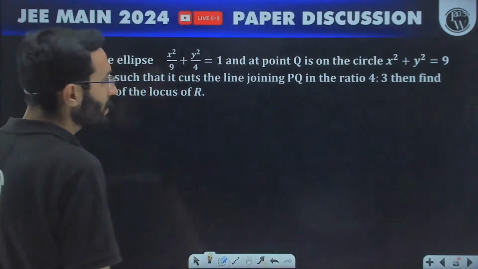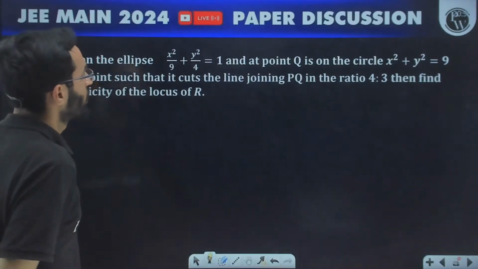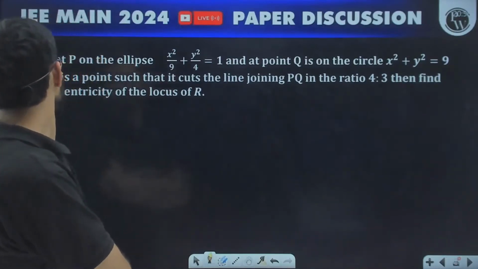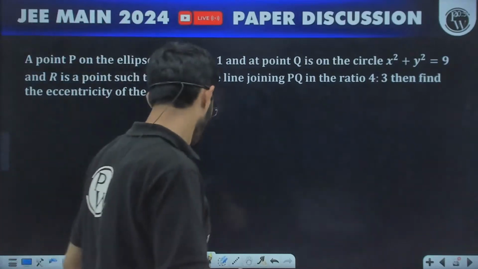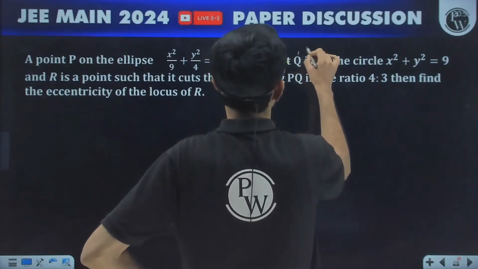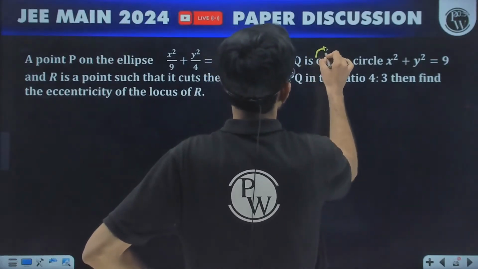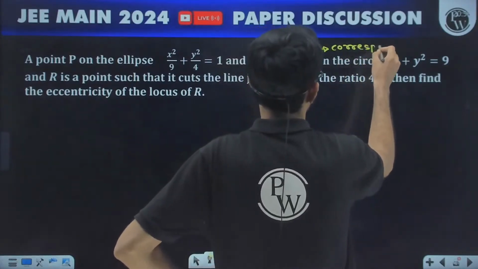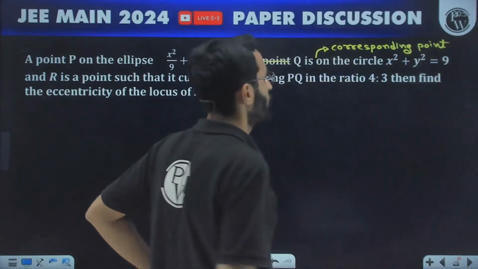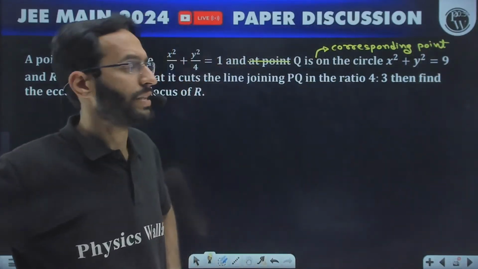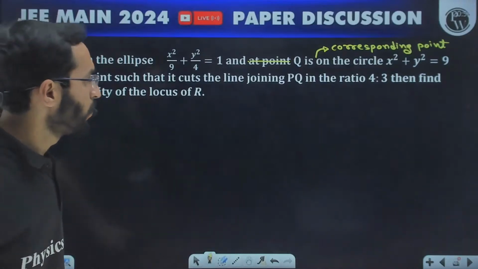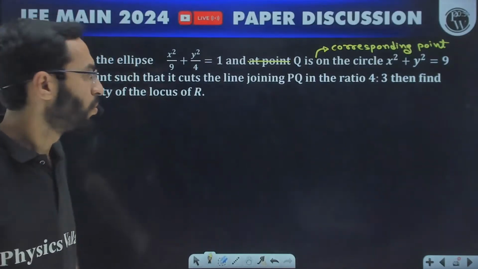A point P on the ellipse x square by 9 plus y square by 4 equal to 1, and point Q is the corresponding point on the circle x square plus y square equal to 9, and capital R is a point such that it cuts the line joining PQ in the ratio of 4:3. Then find the eccentricity of the locus of R.